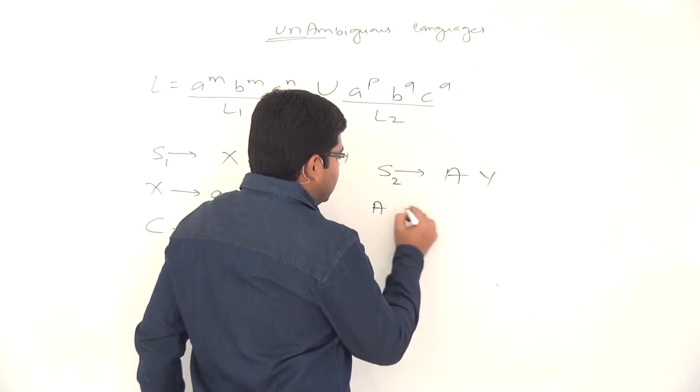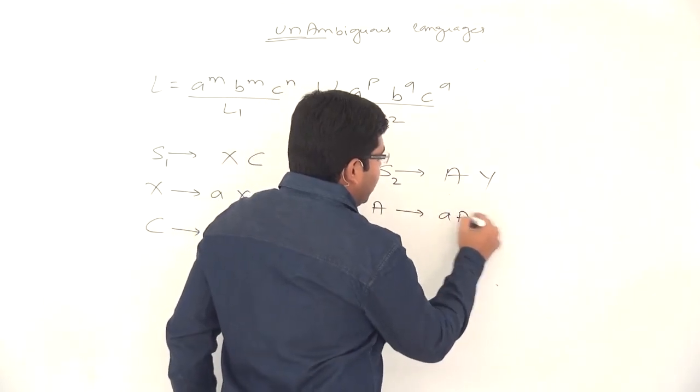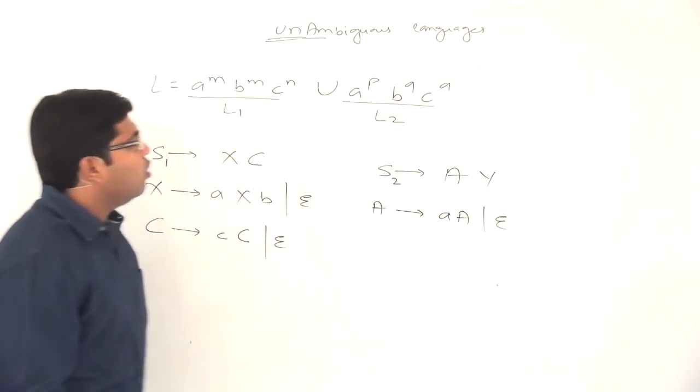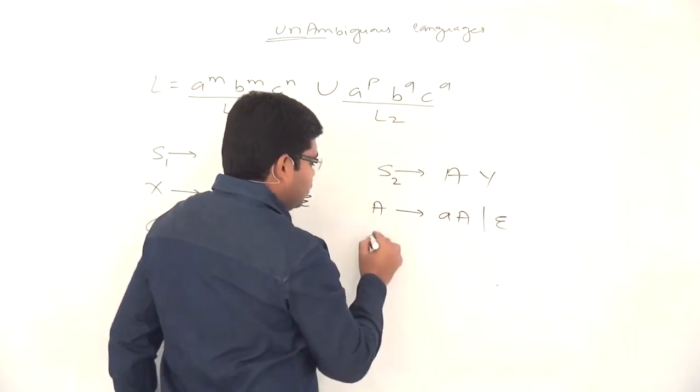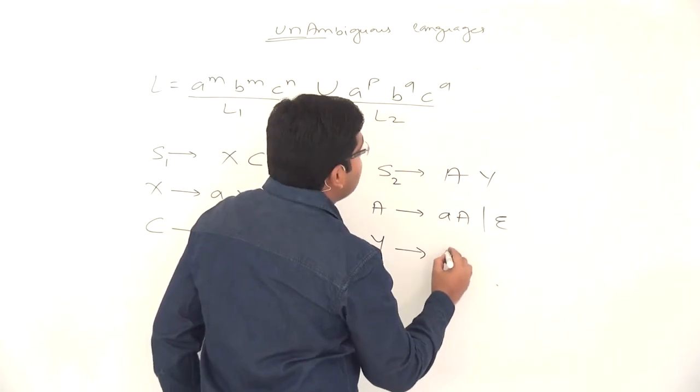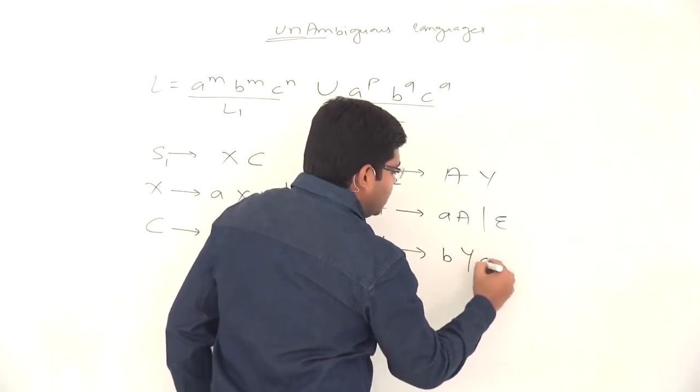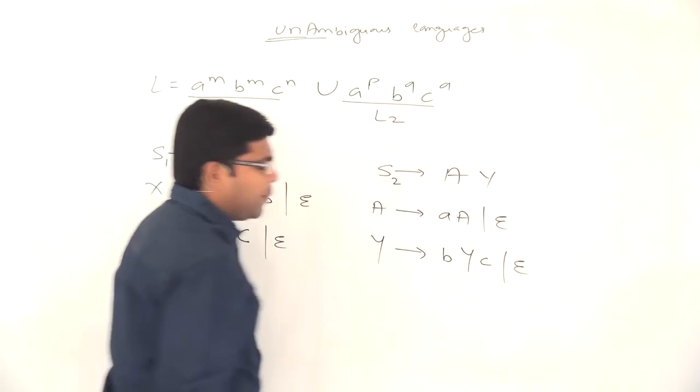Then A produces small a, capital A, or epsilon, and we want to generate an equal number of B's and C's. That can be done with the help of Y. So we can write Y produces B Y C or epsilon.